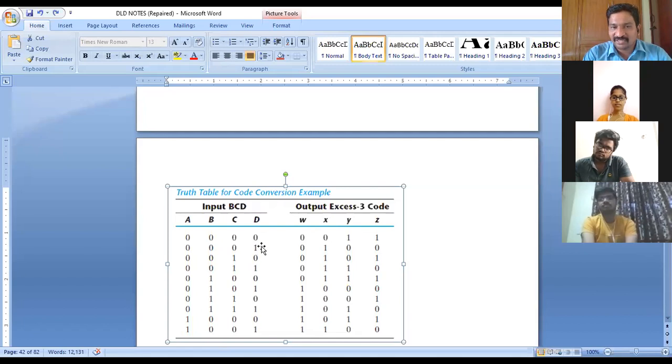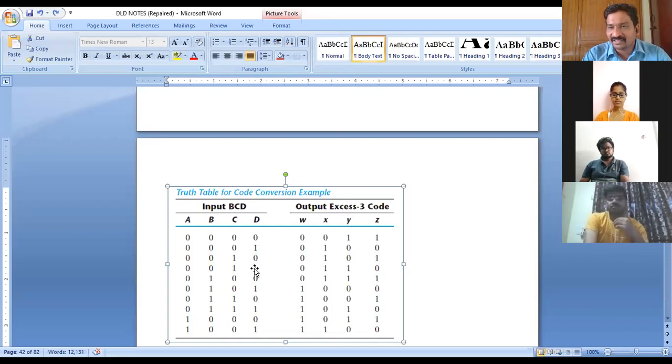For example, 0 0 0 0 in BCD represents 0. What is the corresponding excess 3 code? Simply add 3 to this 0 and we get the excess 3 code: 0 0 1 1. Similarly, 0 0 0 1 is 1; if you add 3, the output will be 4.